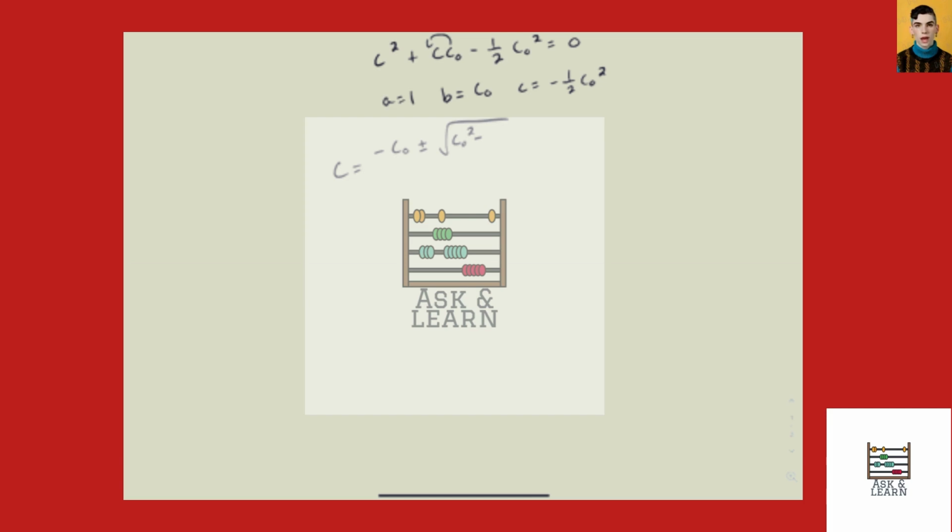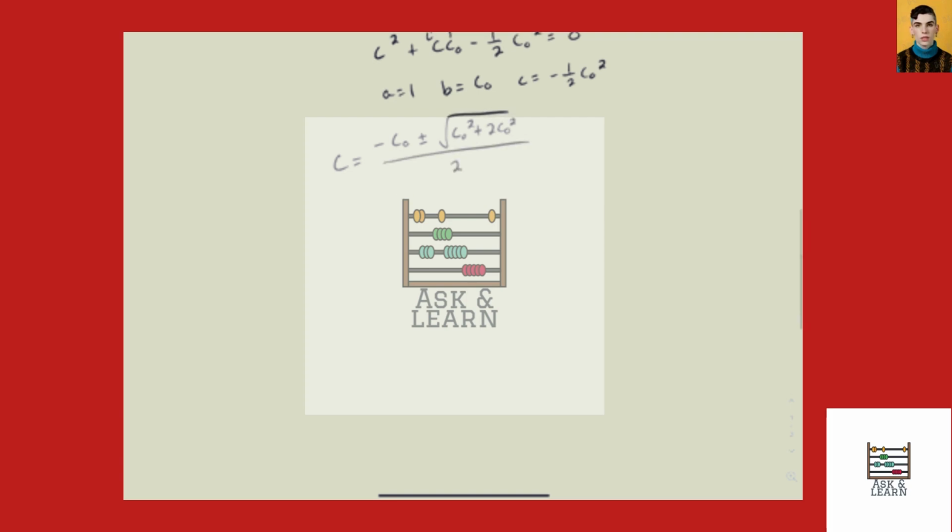A is 1, C is minus 1/2, so this becomes plus 2C0 squared, divided by 2. So this is minus C0 plus or minus square root of 3C0 squared over 2. And we can simplify this, so this becomes root 3 C0.